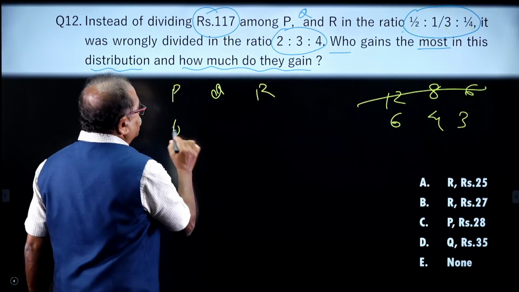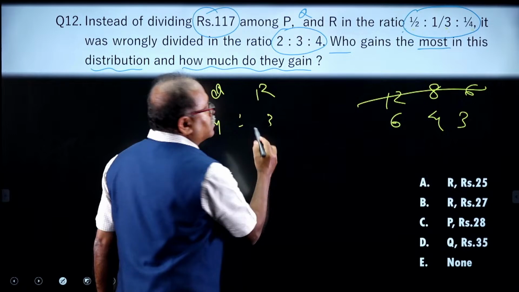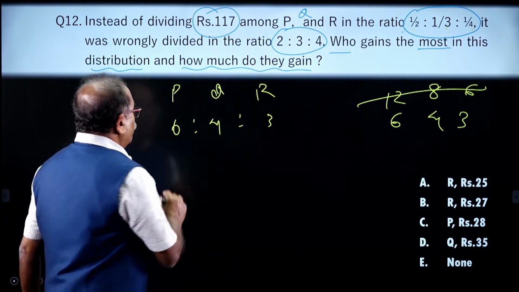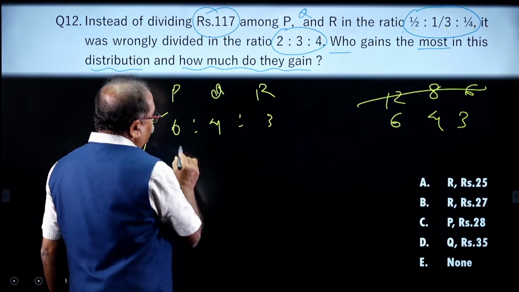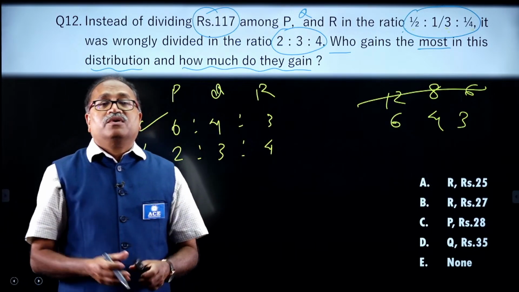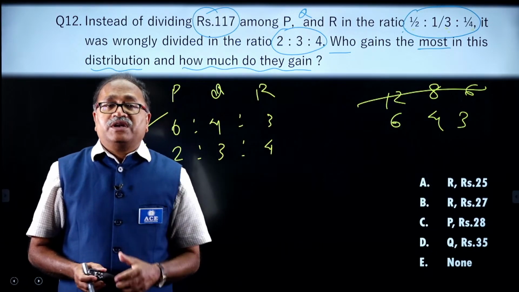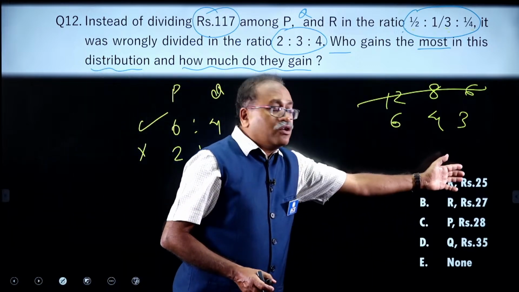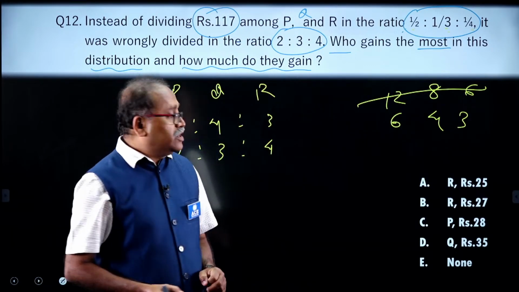So, 6 is to 4 is to 3, this is the ratio, but by mistake it is given as 2 is to 3 is to 4. So, this is the correct one, and the wrong one is 2 is to 3 is to 4. My question is, who got the maximum advantage and how much? So, we have: R got the maximum advantage, and that is 25.